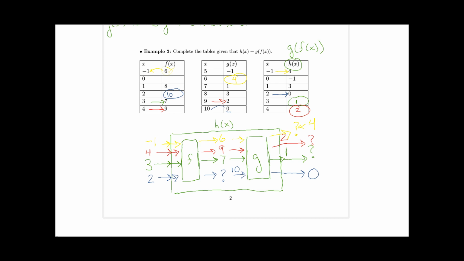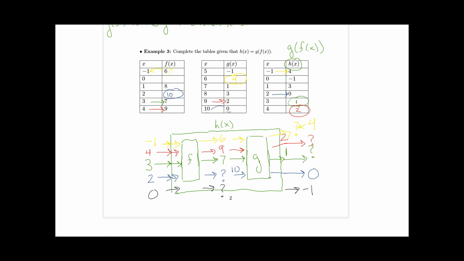All right, so there's one last one here, and you're going to get a chance to really practice this in your homework. So what are we doing? We're saying, okay, if I put a 0 in, what comes out the other side of F? Well, do we know what happens to 0 in the big composition? Well, sure we do. Out comes -1.